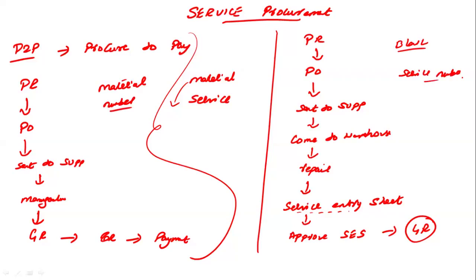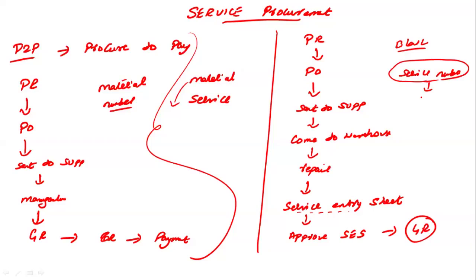We have seen the material master, which holds a lot of materials with complete information. But in the service master, you will have service numbers: machine service, AC service, laptop service. So this is your master data.